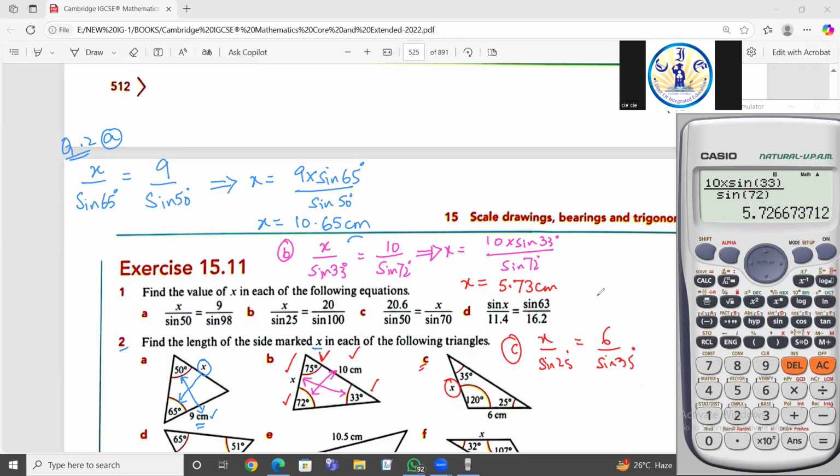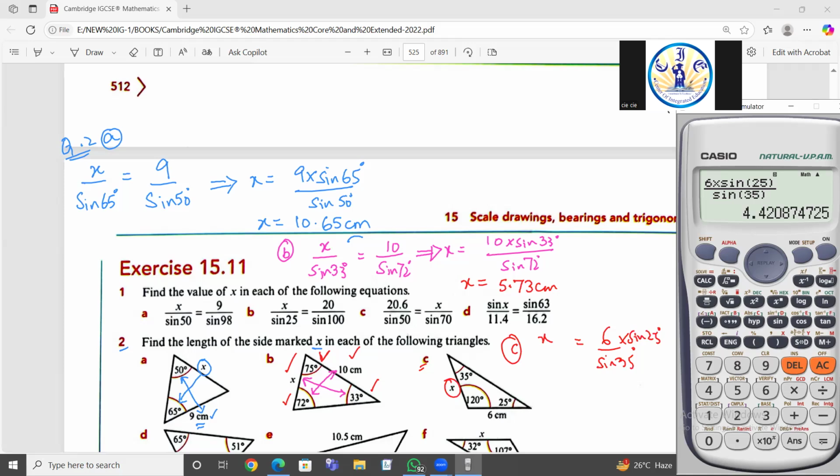And then we can make x the subject, and the answer is going to be calculated by shifting this sine 25 to the other side, and this will give us the required answer. 6 times sine 25 degrees divided by sine 35 degrees.